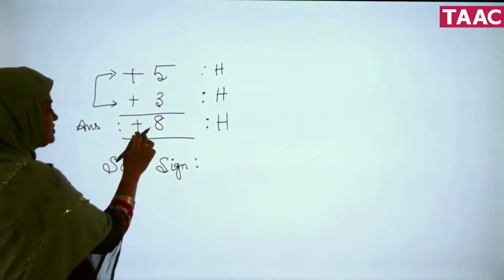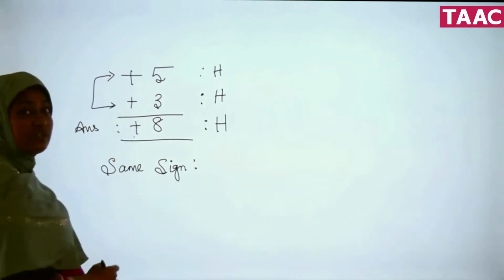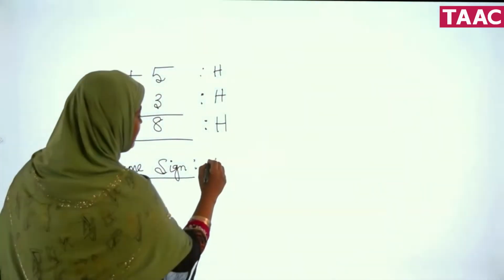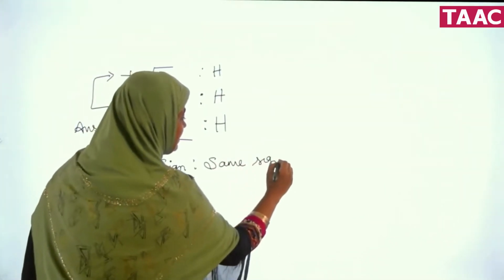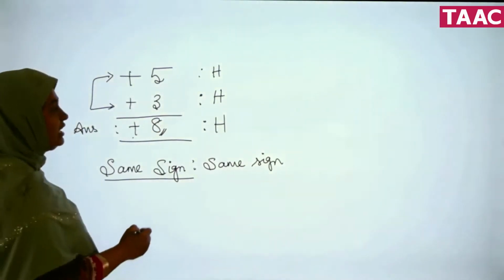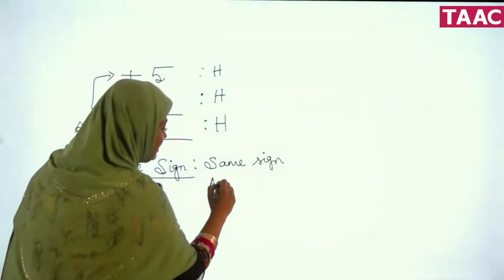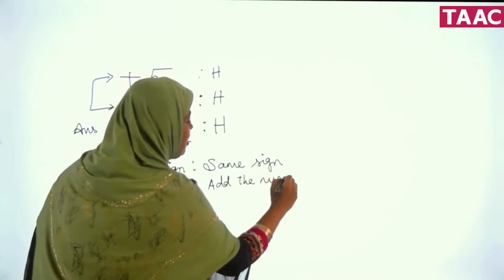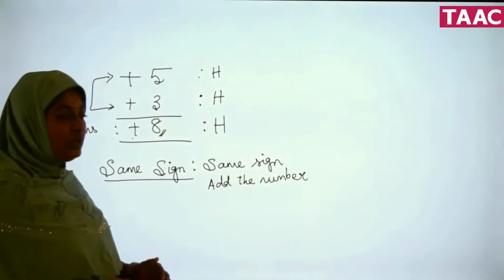It is a positive sign. This positive sign is there in the question also. So, if you have the same sign, then you have to put the same sign for the answer. And what about the number? How do you get the number? We added the numbers. So, you add the numbers. Understood? So, this is our concept actually. According to the game, what is the rule?